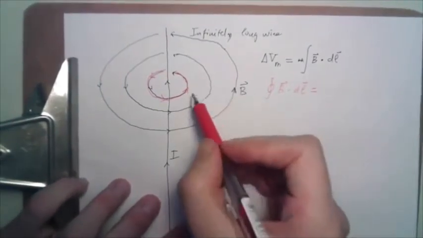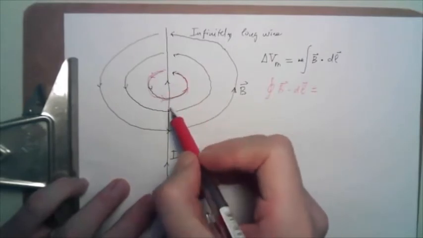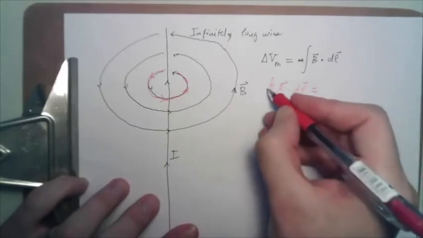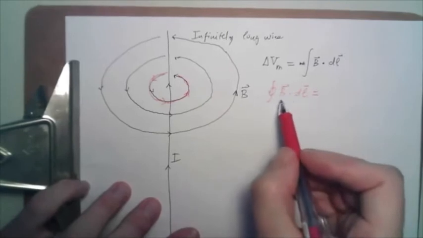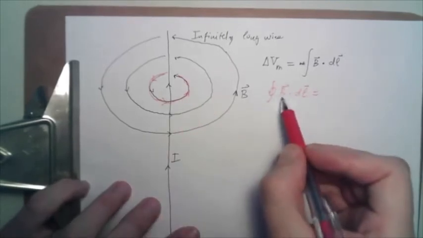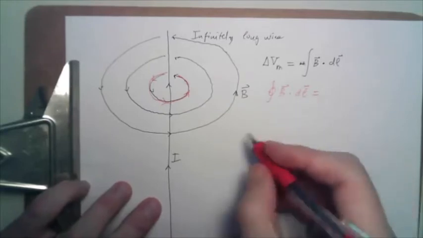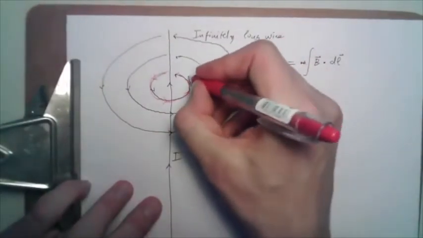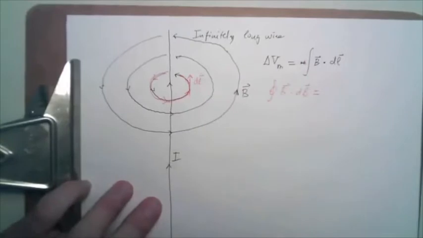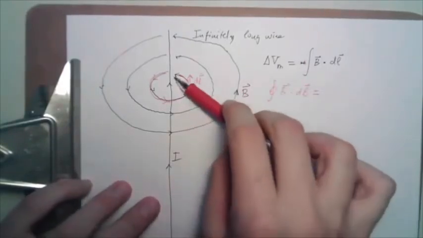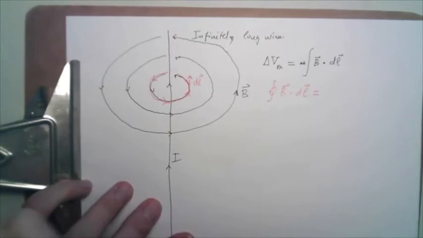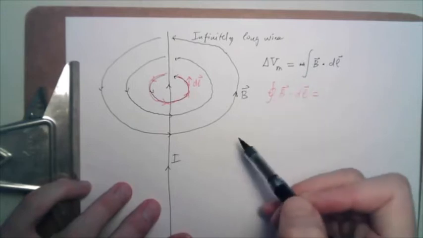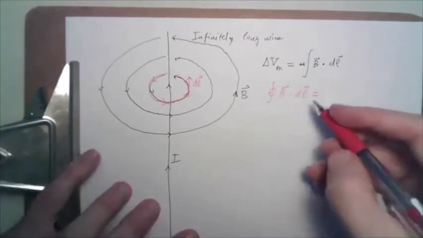Now, if we choose this path in the direction of the magnetic field lines, so that there's a sense of direction to this integral, then we know that at every point, that B field is pointing exactly in the same direction as that dl. The dl vector is always tangential to that circle, so we can always use that. So if they're always pointing in the same direction, that becomes just B times dl, and we can drop the dot products. All right, so easy enough.